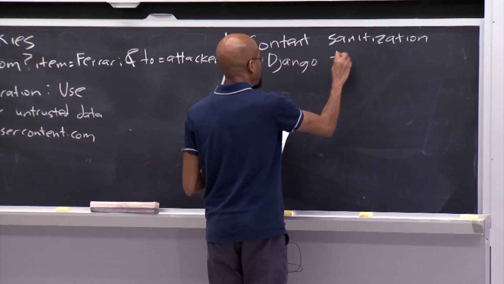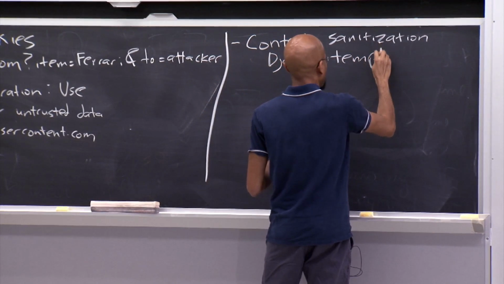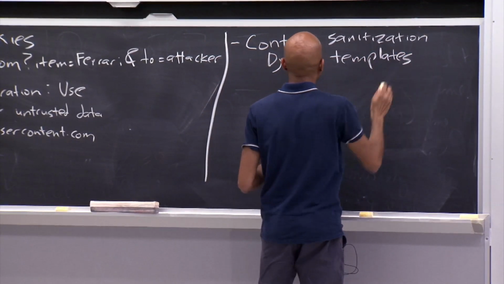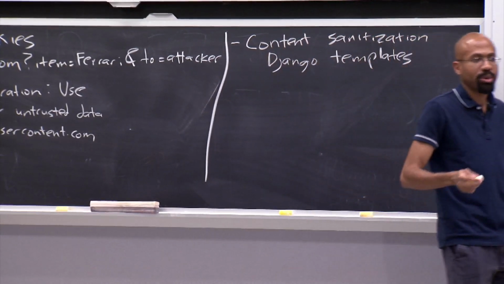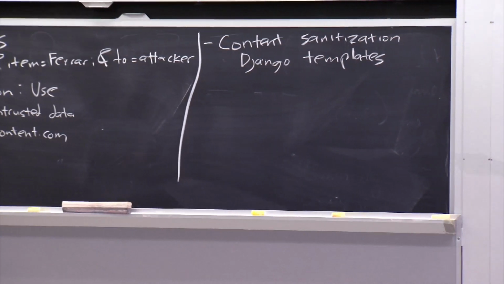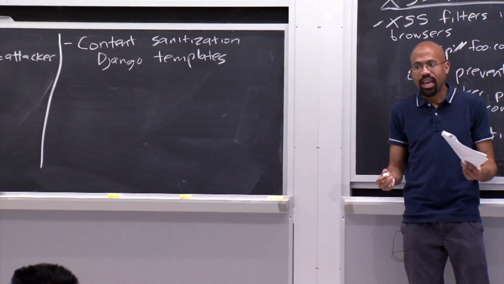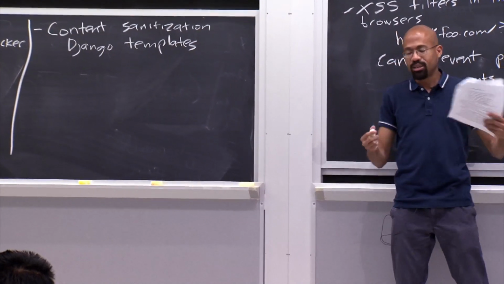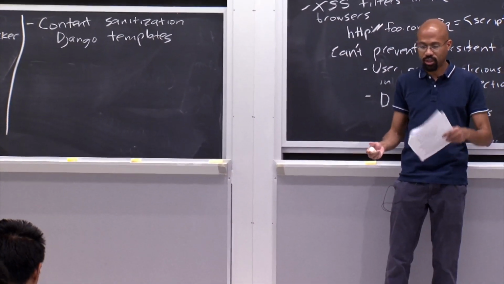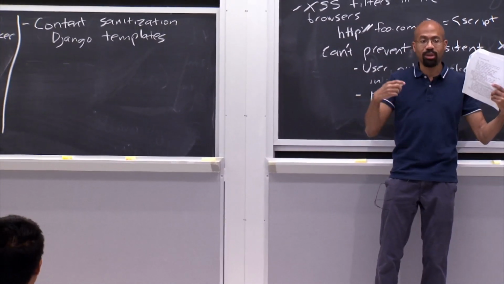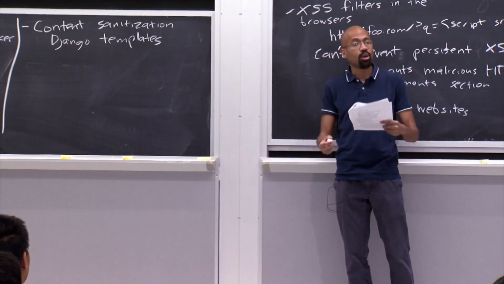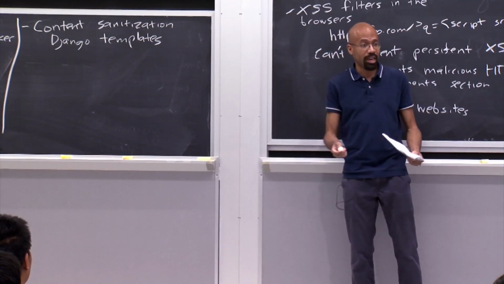Django is an example of a web framework. So basically, at a high level, a web framework is something that helps to automate and secure some of the tedious tasks of developing a website. It will help you with making database access easier. It'll help you with doing things like session management.